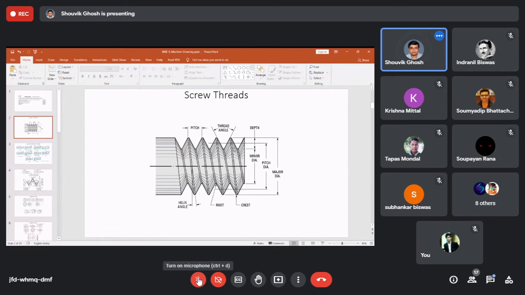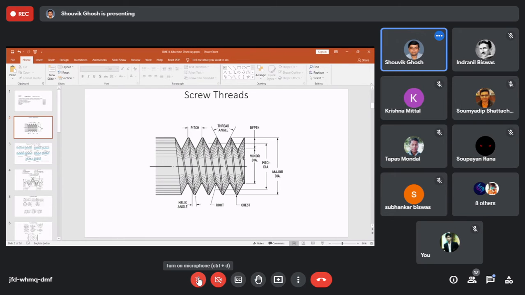Okay. Depth is the difference between the crest and the root. This is the maximum crest, and this is the root. The difference in value of crest and root from the center is the depth of the screw thread.